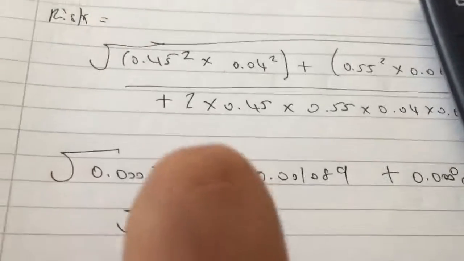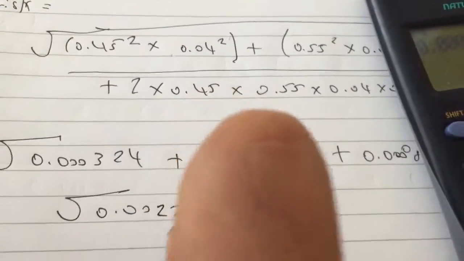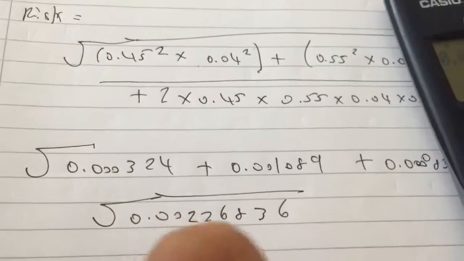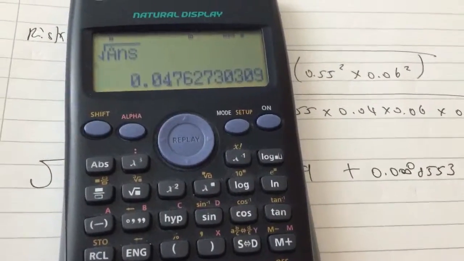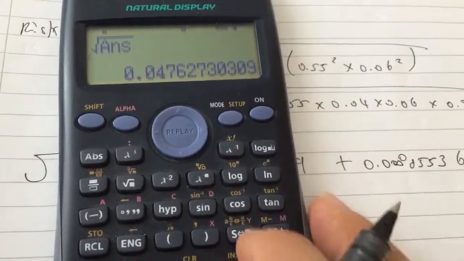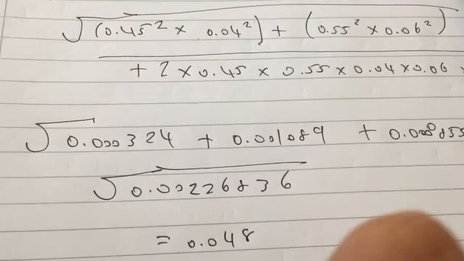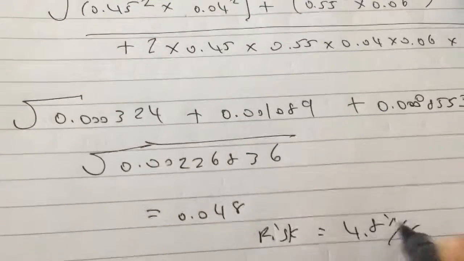Square rooting this equals 0.048. So our risk equals 4.8%.